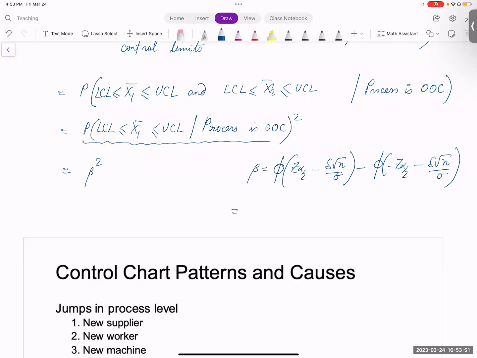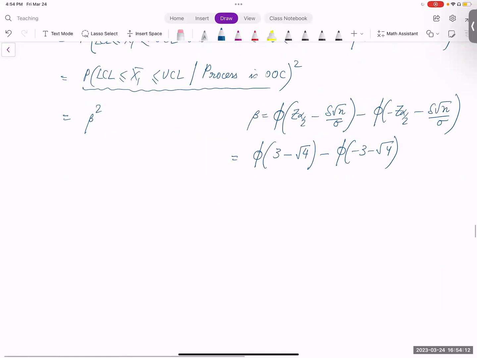This is equal to phi of 3 minus delta, which is 1 sigma. So sigma cancels, and n is 4, so square root of n is 2. Minus phi of minus 3 minus 2. This is equal to phi of 1 minus phi of minus 5.